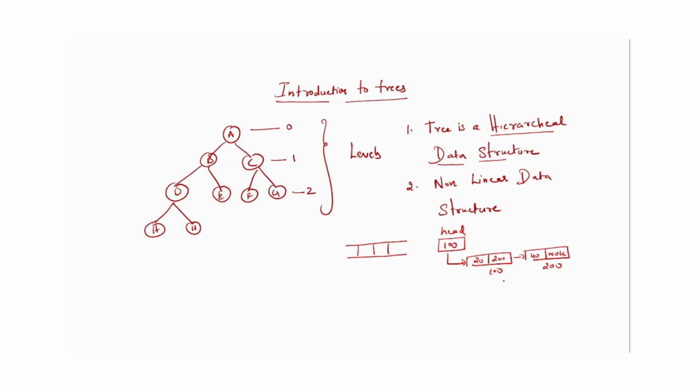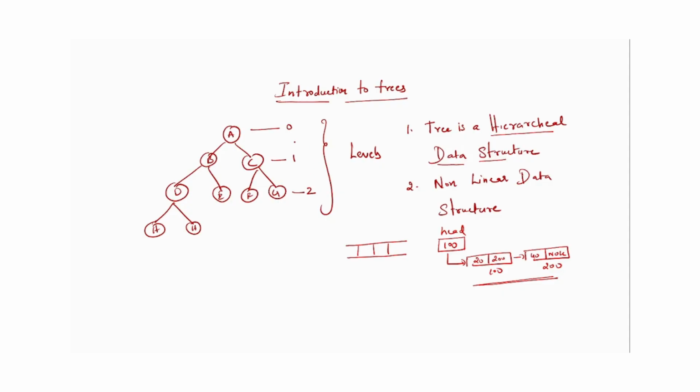A linked list is linear in nature, one after another, whereas a tree is a hierarchical data structure. For example, as we can look at this tree, this is the 0th level, this is the first level, and this is the second level.